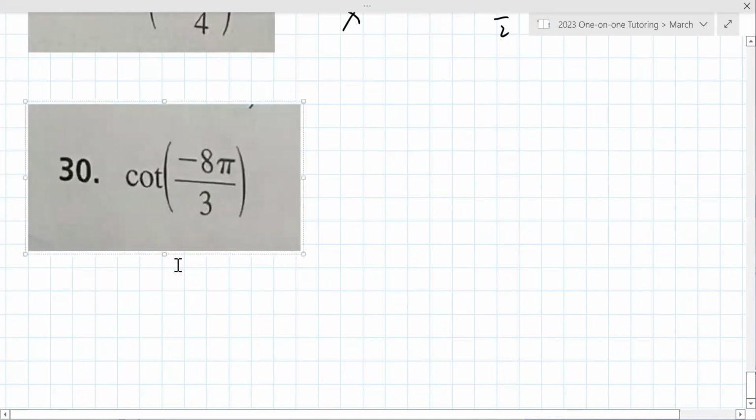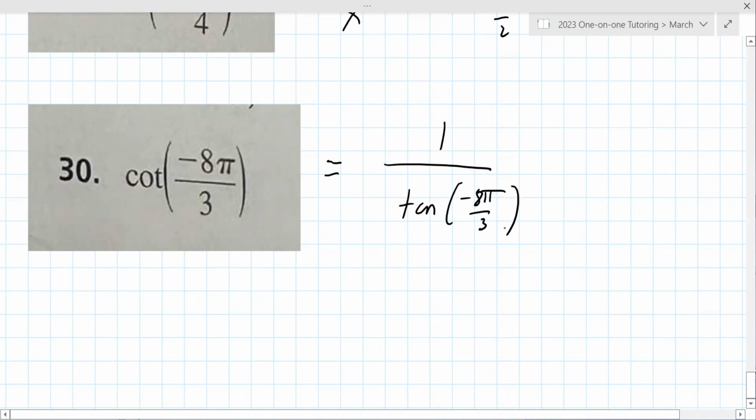All right, so cotangent is the reciprocal of tangent. Couple of ways to do this. You can do 1 over the value of tangent, or because tangent is y over x, you can switch that all together. But we'll just do it in pieces here. That negative is really upsetting because it's like going the wrong way. So you got to figure out, well, where is 8 pi over 3?